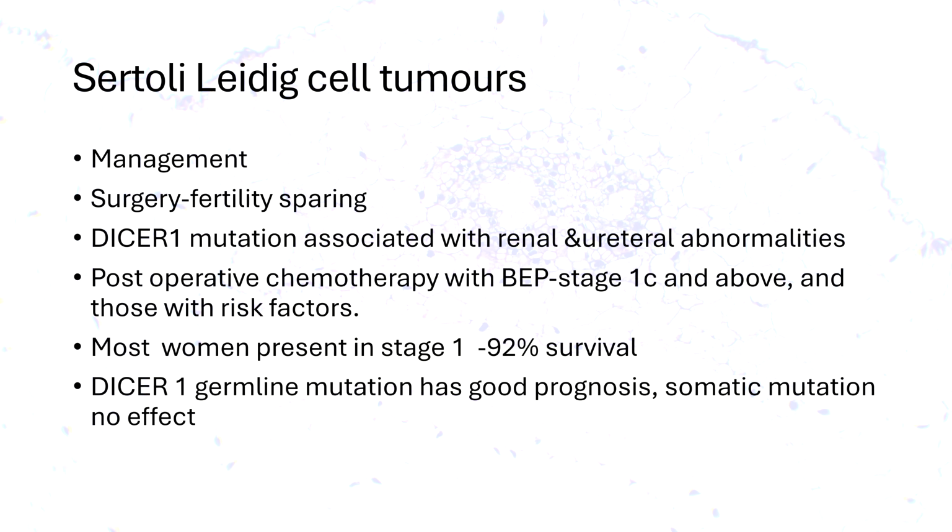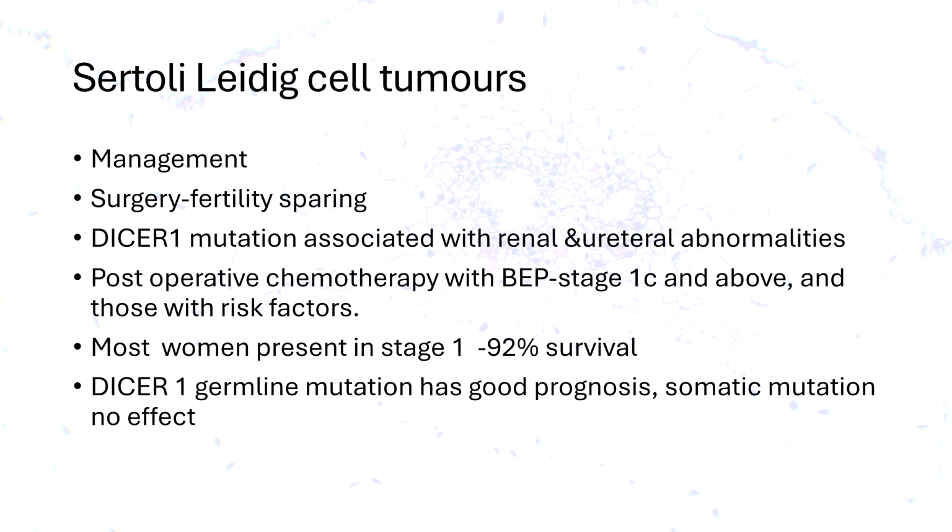Coming to the management, surgery is the primary option, and since the majority of these women are young, fertility sparing surgery is given great care, where during surgical staging, we do ovariotomy of the affected ovary, multiple peritoneal biopsy, and infracolic appendectomy, and there is no need for lymph node resection.